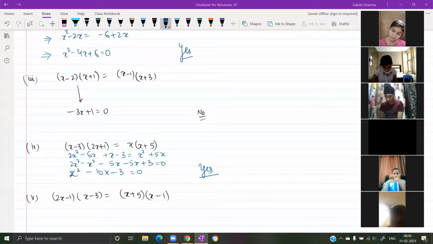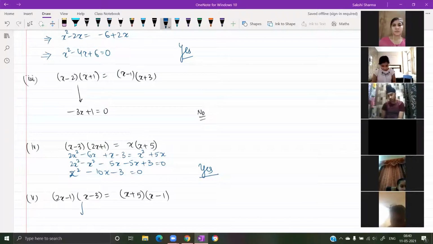Arshpreet, beta, can you answer? Simplified form for fifth part. Ma'am, it is a quadratic equation. Can you tell me what did you get as your simplified answer?